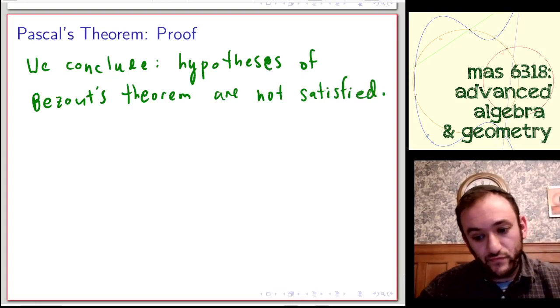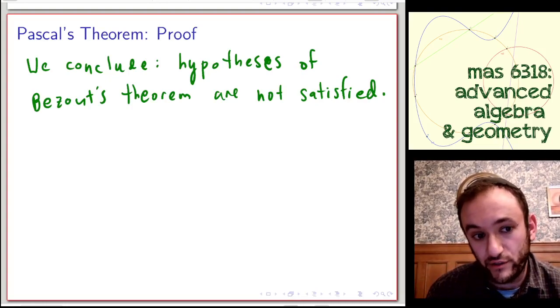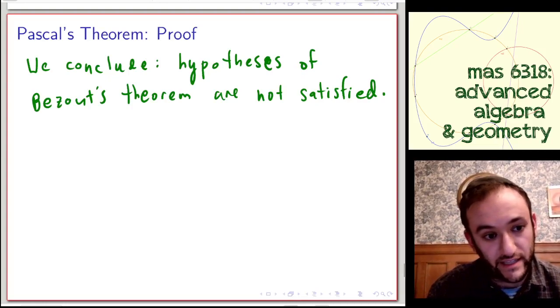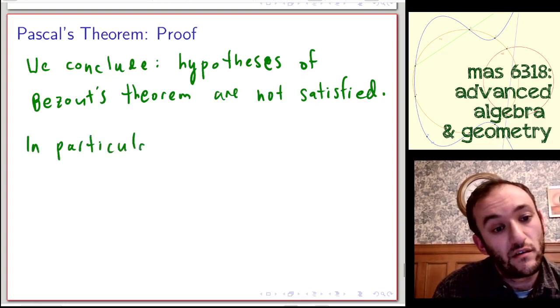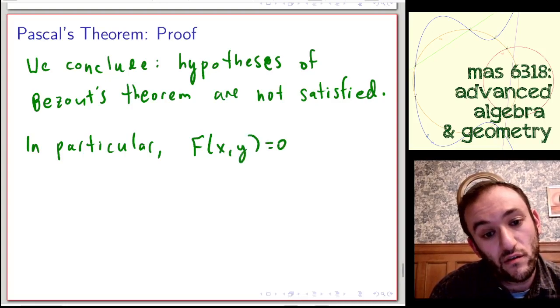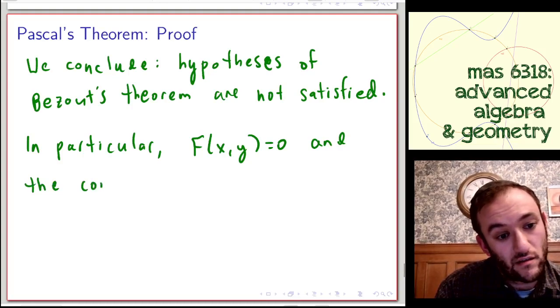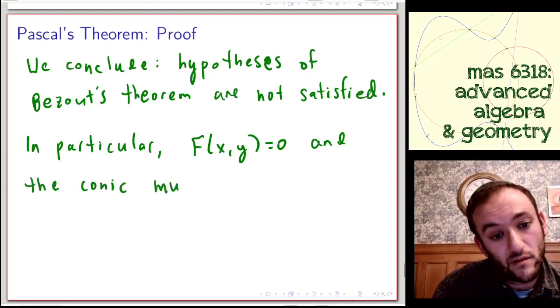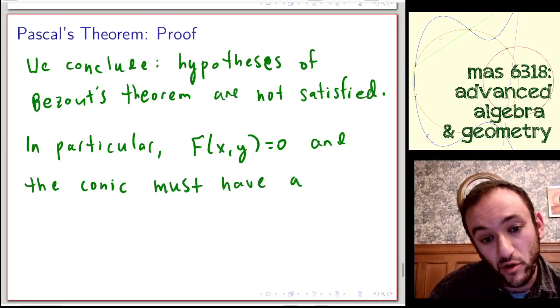Which hypothesis can we conclude is violated? In particular, the curve f of xy equals 0 and the conic must have a common component.